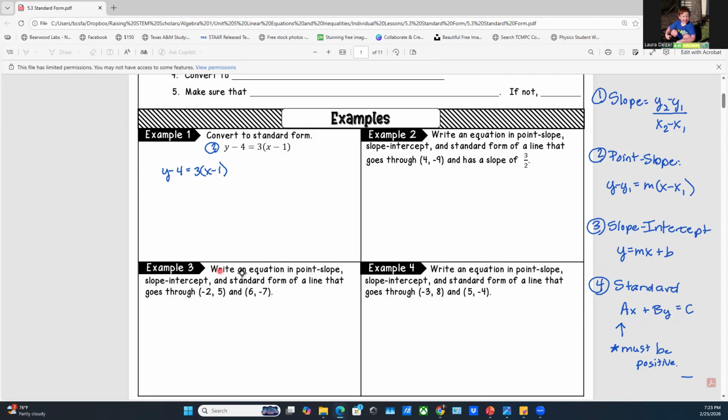We can't have parentheses, so we've got to break them down. When I distribute this out, I get 3 times x minus 6, and then we've got y minus 4. I'm going to move my 4 over, and that gets the y by itself.